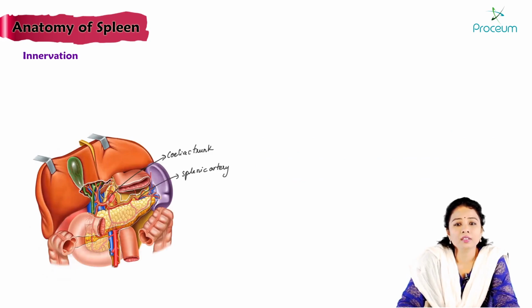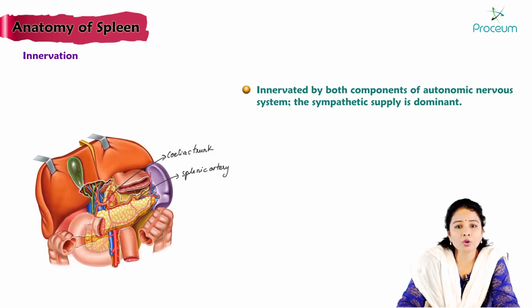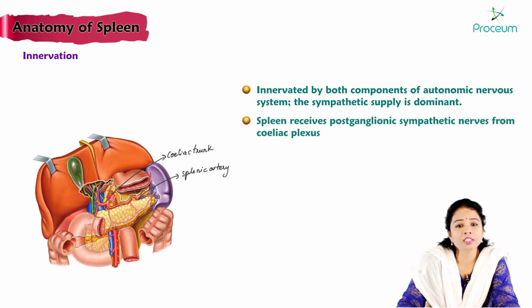Innervation of the spleen. The spleen is innervated by both the components of autonomic nervous system, that is the sympathetic supply is dominant, and spleen receives postganglionic sympathetic fibers from celiac plexus.